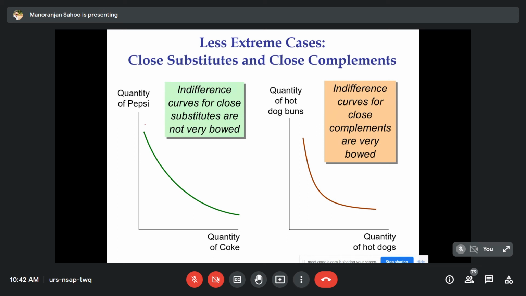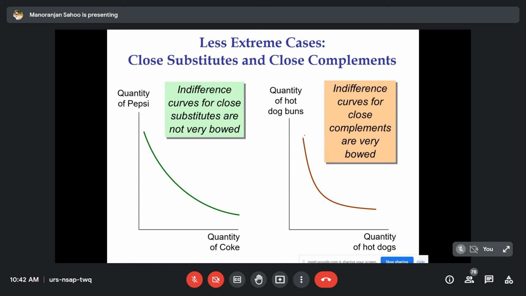Because both are close substitutes, it will be less than a straight line, it will be slightly convex. If two commodities are not perfectly complementary but close complements, then the indifference curve will not be a right angle, but it will be very convex or very broad, we are saying.